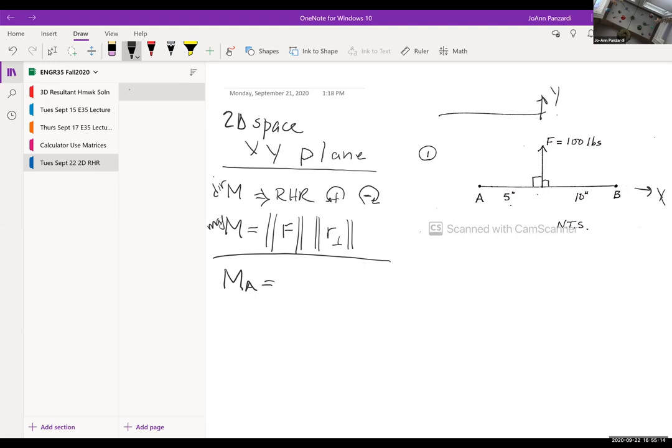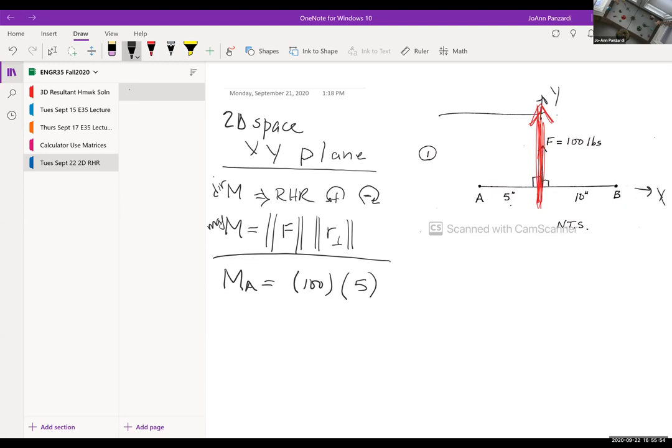So I'm going to start with Adam. The moment about point A, is Adam there? Amani, what's the magnitude of the force? 100 pounds. Right. And what's the perpendicular distance from the force to the point A I'm trying to find the moment about? The force is here, and it's going up. 5.